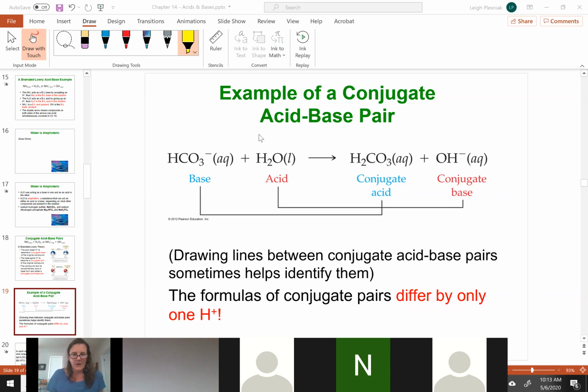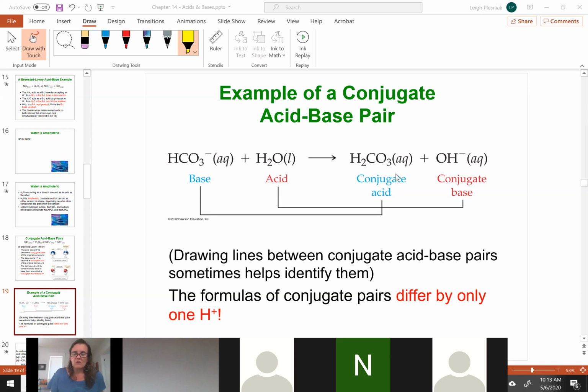So in the bloodstream, the pH is maintained by a bicarbonate buffer system. This is the polyatomic ion bicarbonate. This is water. I always look at the thing that's just like this, but just has a different number of hydrogens. So I look at bicarbonate and I see this. This has more H's. So in this case, bicarbonate functions as a base because it has less protons than carbonic acid.